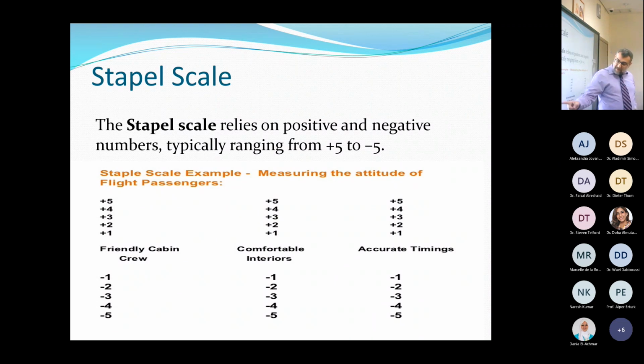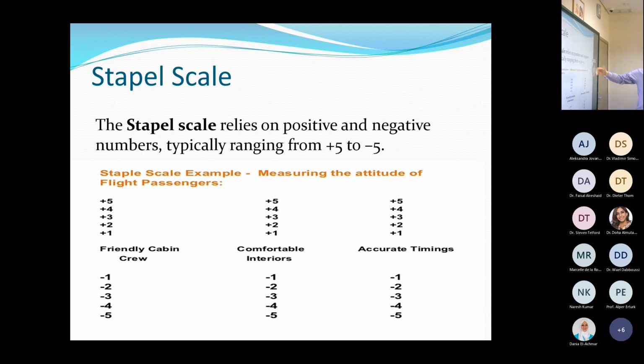Because the characteristic in the middle is friendly. So if he evaluates with -5, you have to give him the lowest value. What is the lowest value? 1. But what will you do when you have the 0? When you have a 0, it will become 6. You start from the lowest value as 1 and count upwards, and 6 would be the neutral in the scale. This is called Stapel.